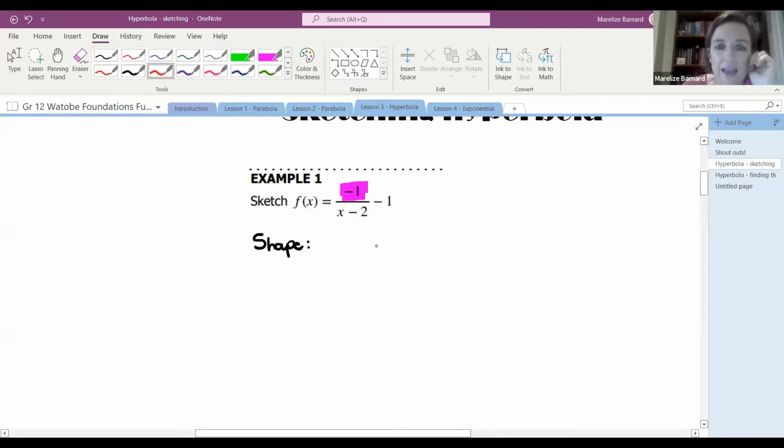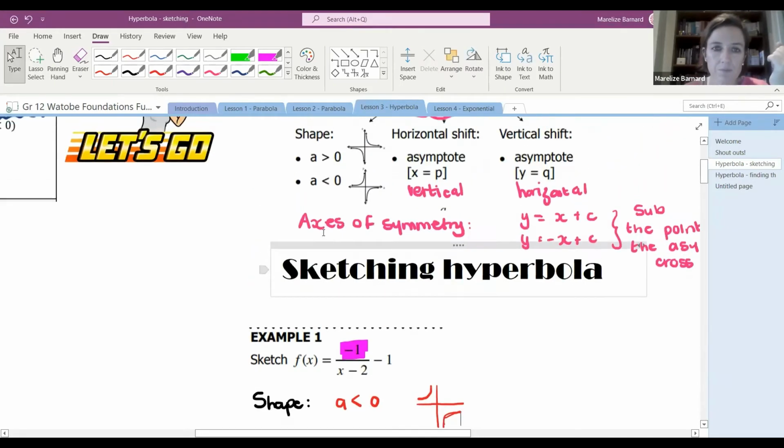Since that is less than 0, we can already plan that we are going to draw in the second and the fourth quadrant, because a is smaller than 0.